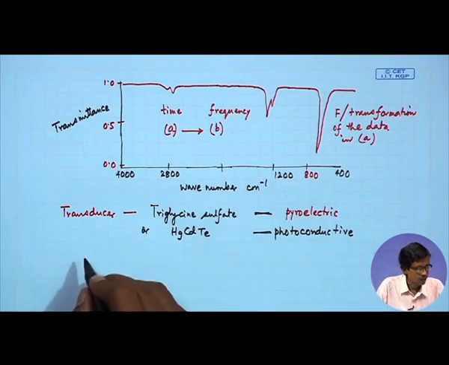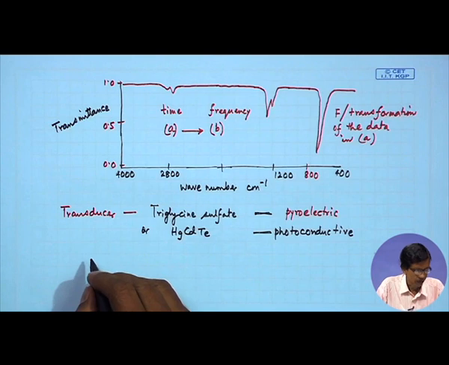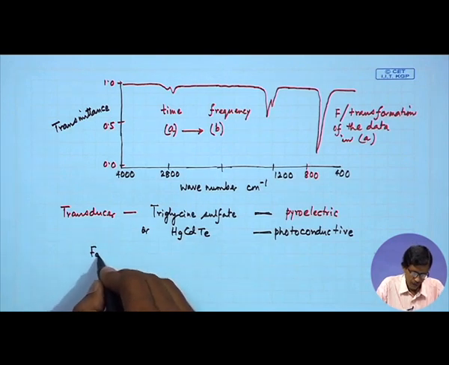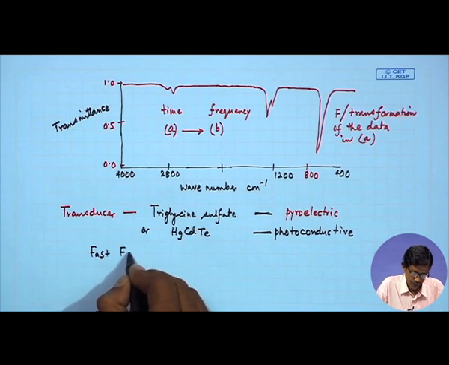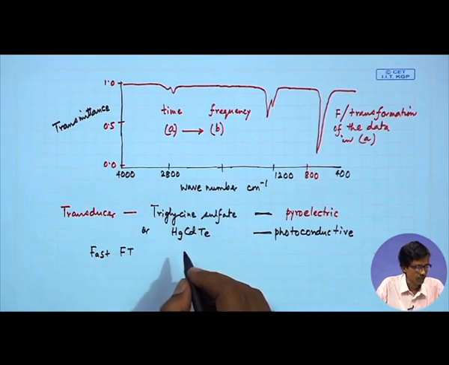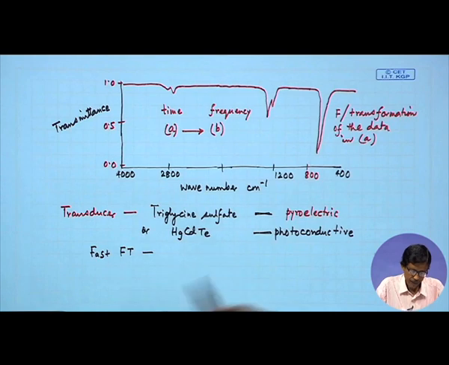These transducers can give rise, in some cases, to a first FT, that means first Fourier transformation, where we get the corresponding amplitude signals.